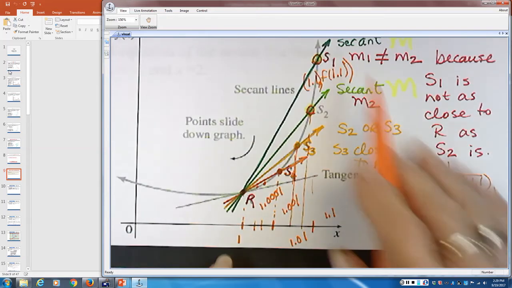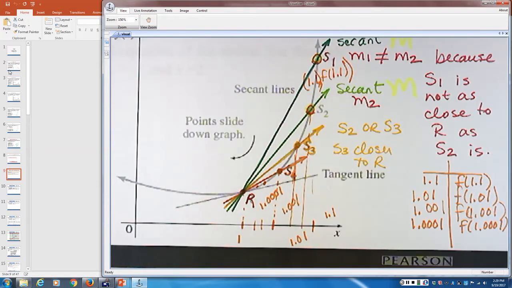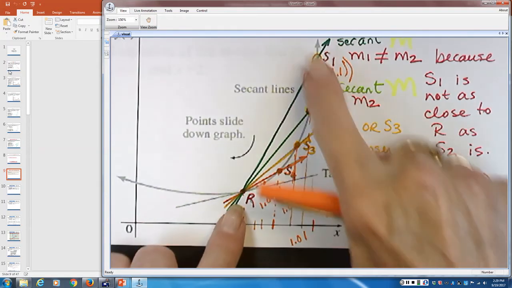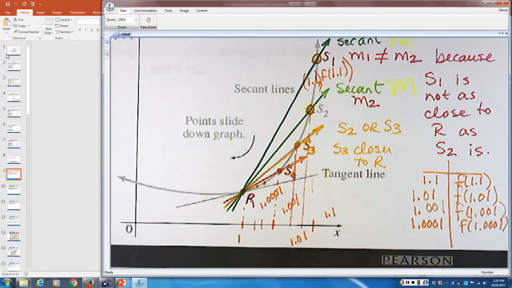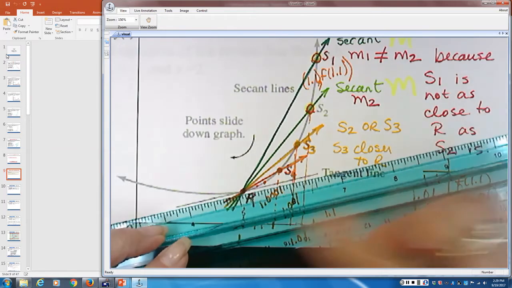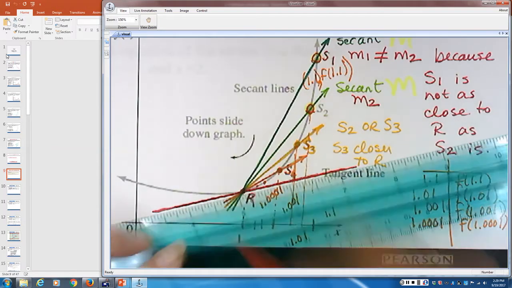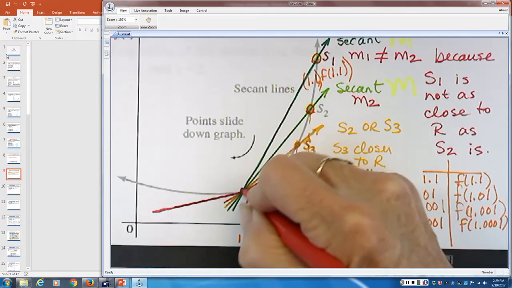As we take the limit as s approaches r from the right, we're using the slopes of the secant lines to come as close as we possibly can to what we want, which is the slope of the tangent line, the line that contains only r.